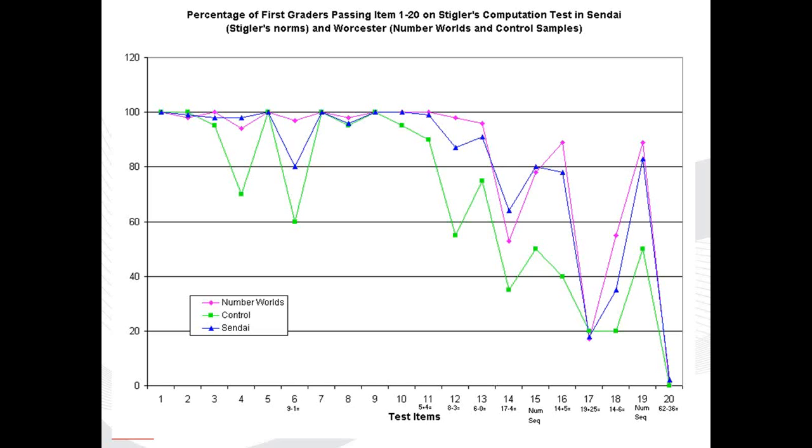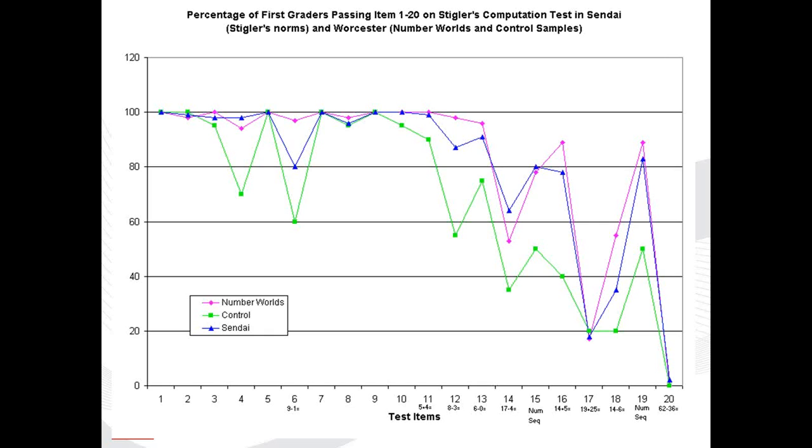I got the exact test from them with their scores, and in this graph, the blue line is the results that Stevenson and Stigler got from the population of children that they tested in Japan, in Sendai, a big city in Japan. On this test, the first 20 items are the items given to students at the end of first grade.